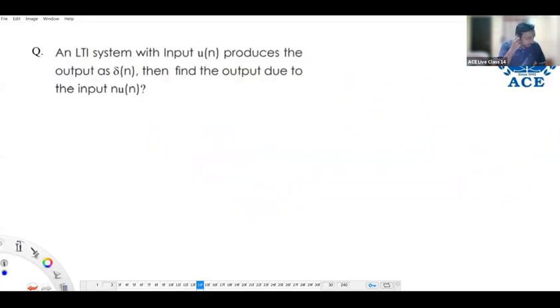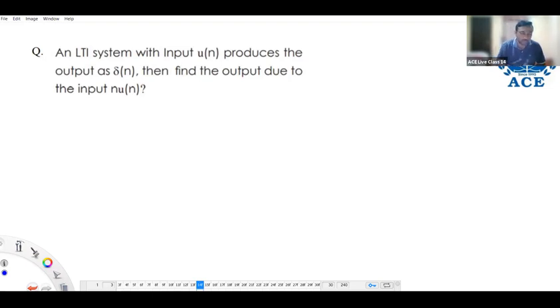This particular question is copied in different exams. Very good question. Think of it and answer. An LTI system with input u[n] produces the output delta[n].